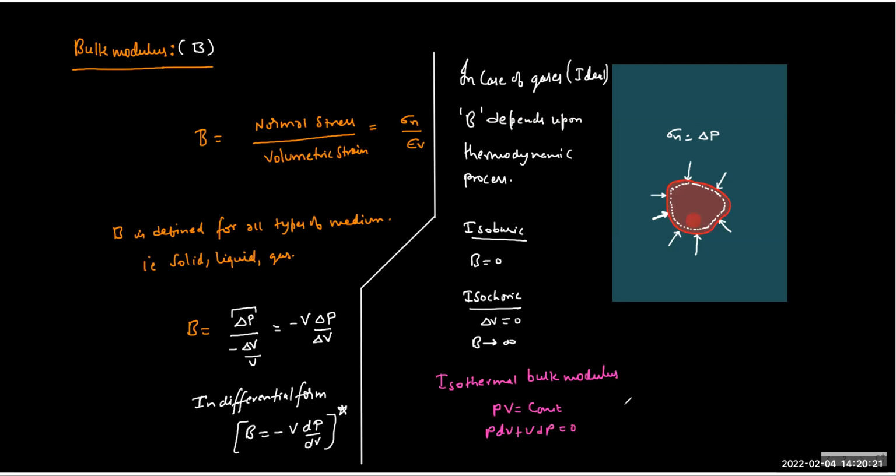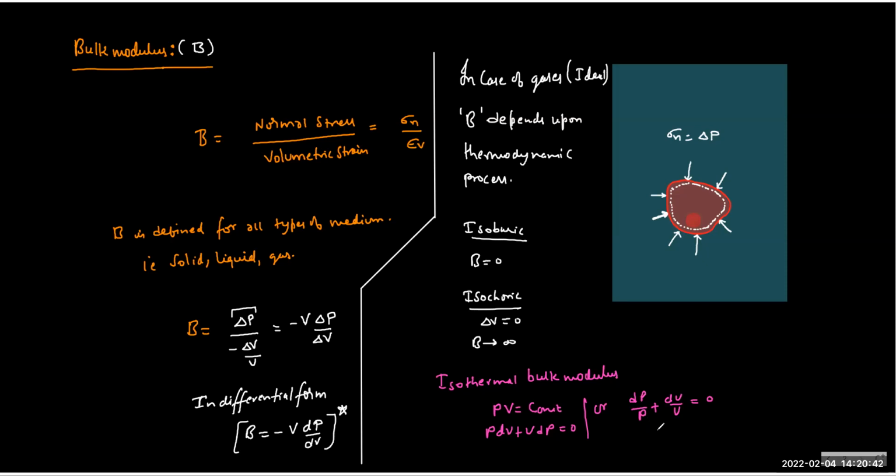This is one way of differentiation. Or the other way is to write the partial derivative: dP by P plus dV by V is 0. You can just write like this, and this is the easier way.